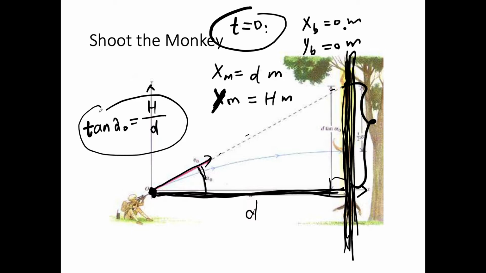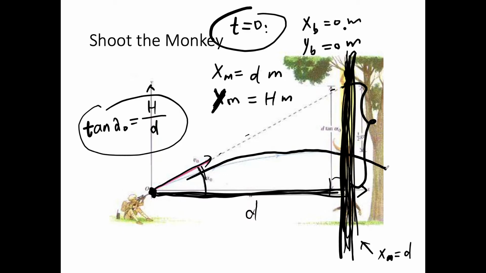Okay, so how do we prove it? We know the monkey released from the tree will only move along this vertical line, right? And on this vertical line, the x coordinate of the monkey is always d. And the bullet is going to fly in the air, so its x coordinate and y coordinate are always changing.